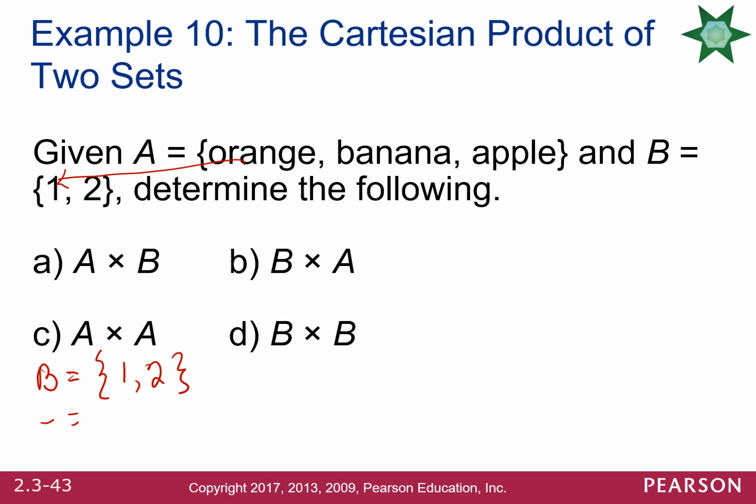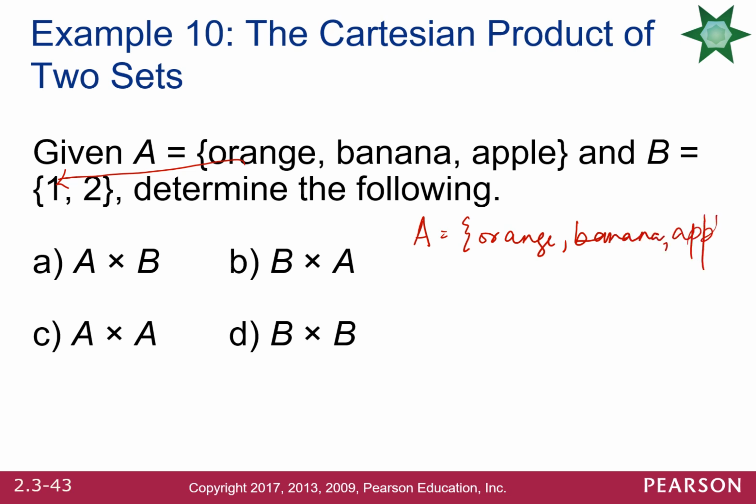All right, so A cross A means we are combining the elements of A with the elements of A. So A is orange, banana, apple. And let's write again below it, set A, orange, banana, and apple.